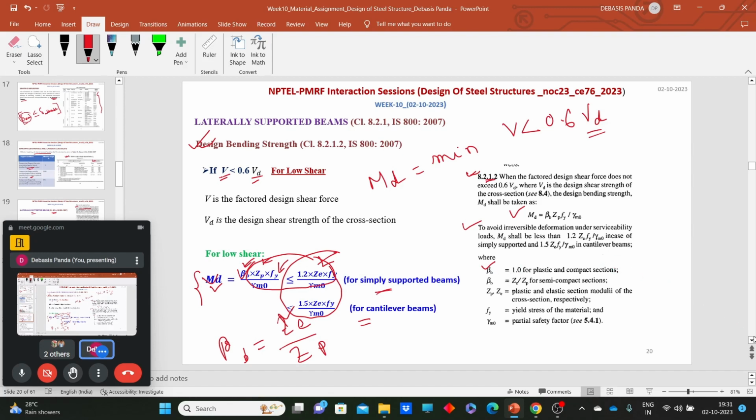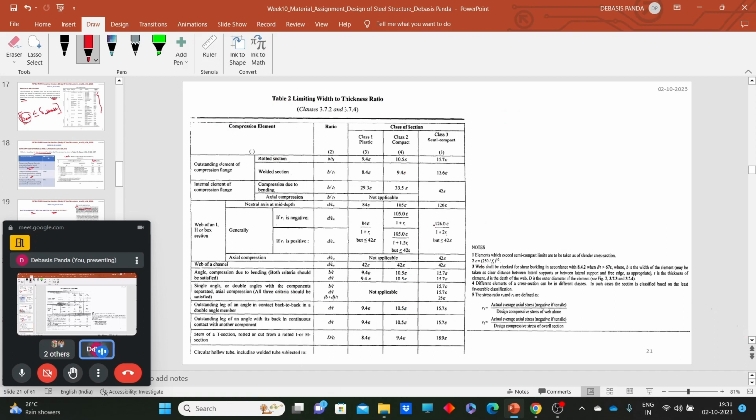Now, how can we find out which kind of section this is? Is it a plastic section, a compact section or a semi compact section? Table 2 of IS 800 will give you the details about these sections. If we need to check whether the section is plastic or not, we check the b by tf ratio. If this ratio is well within 9.4 epsilon, and what is that epsilon?